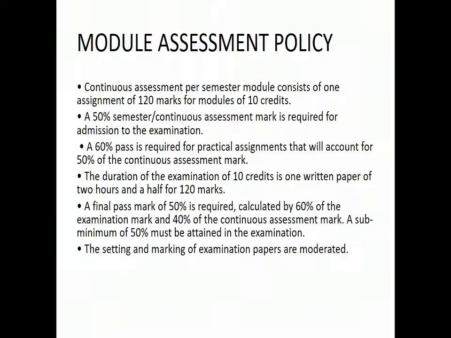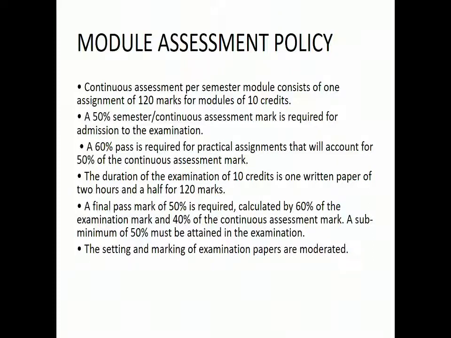Module Assessment Policy. Continuous assessment per semester module consists of one assignment of 120 marks for modules of 10 credits. A 50% semester or continuous assessment mark is required for admission to the exam. A 60% is required for practical assignments that will account for 50% of the continuous assessment.